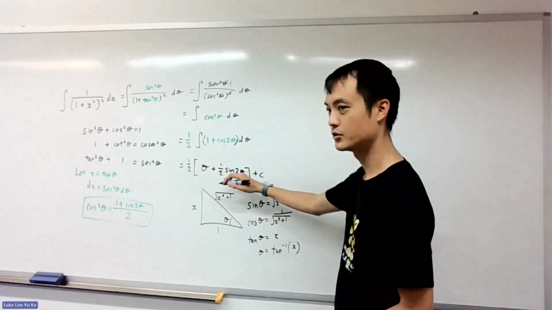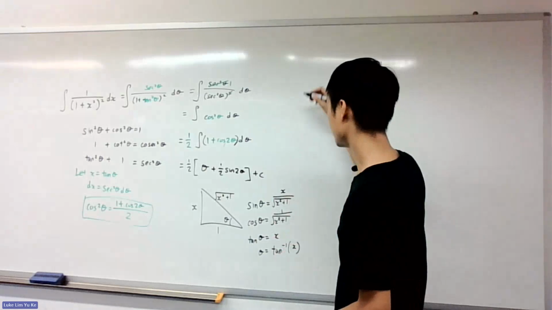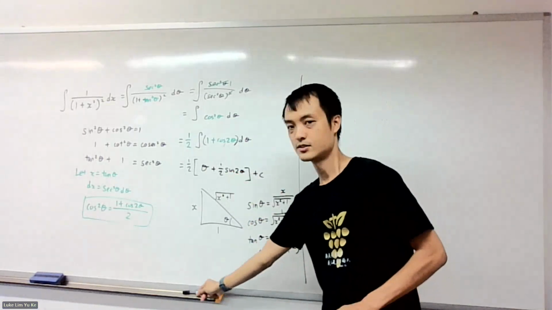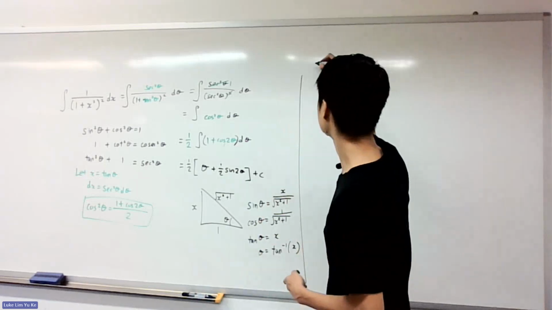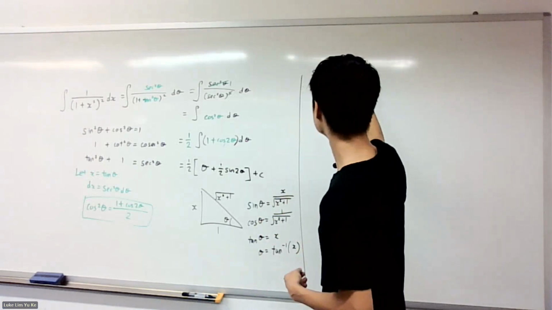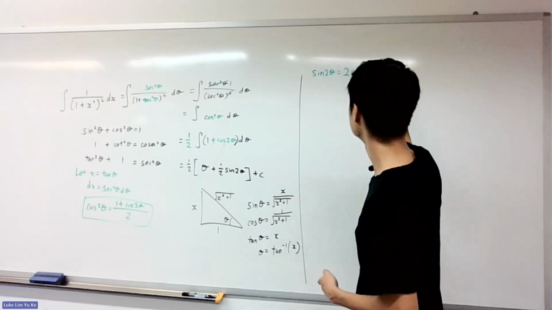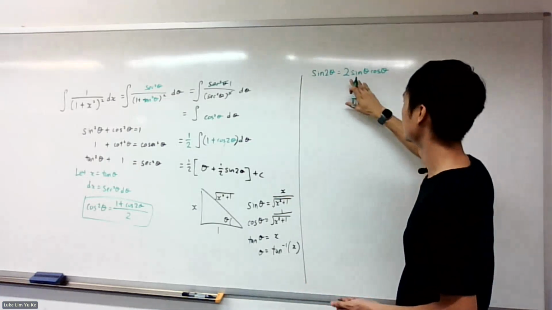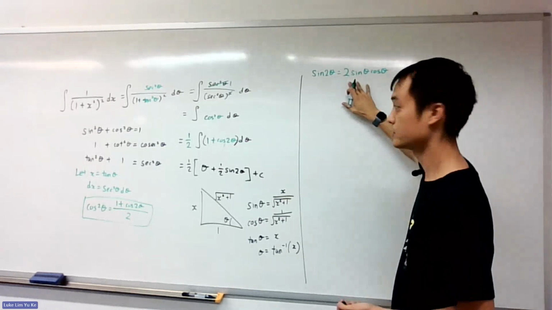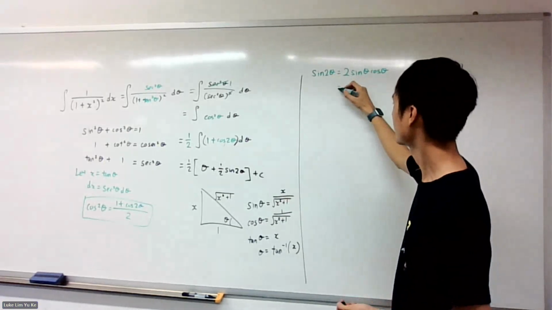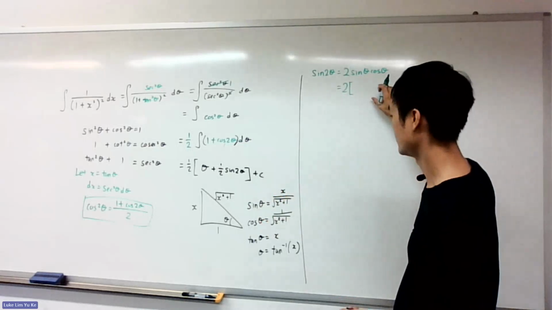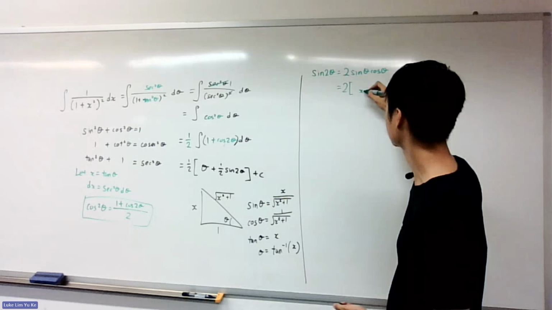And sine 2 theta, how do we replace it? We'll just use another trigonometry identity to do this replacement. Sine 2 theta equals 2 sine theta cos theta. So we'll just calculate what 2 sine theta cos theta is. We'll replace all this information over here.